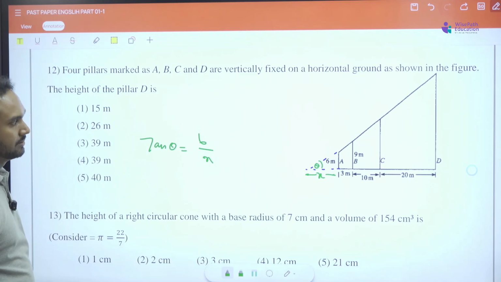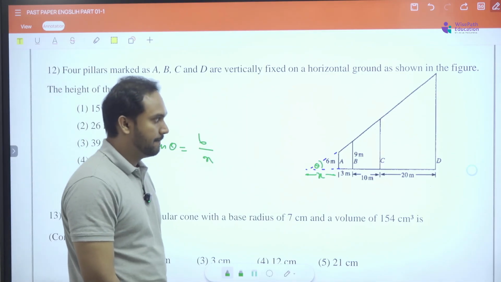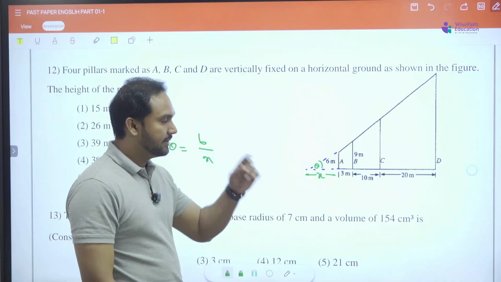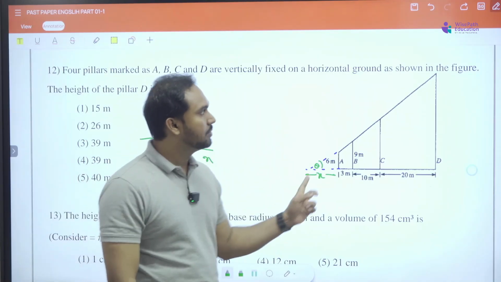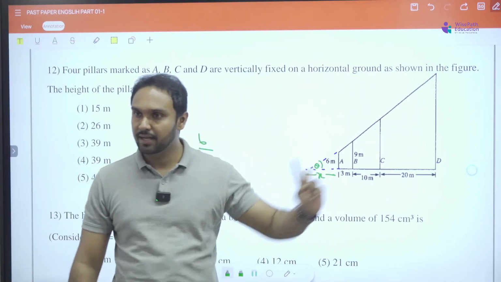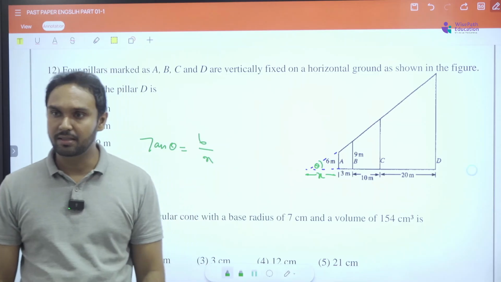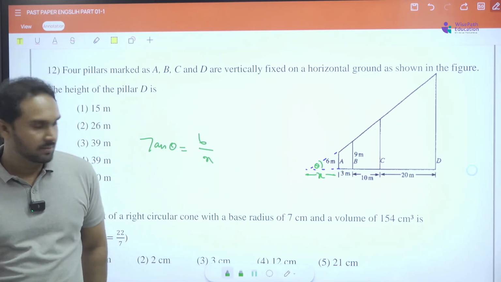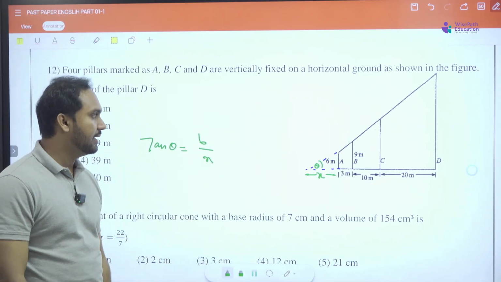We can put the same formula to another triangle and find the x. After finding the x, we can apply the same to the large triangle, then we can find the d. Did you understand that? So I'm trying first to find the x.